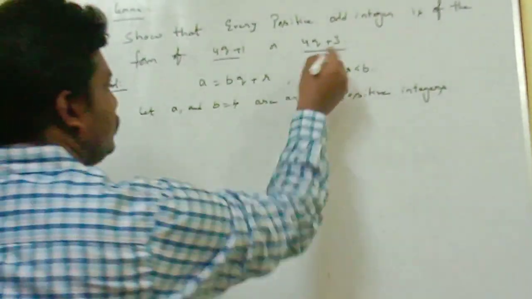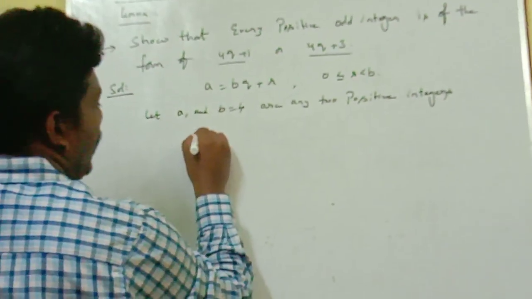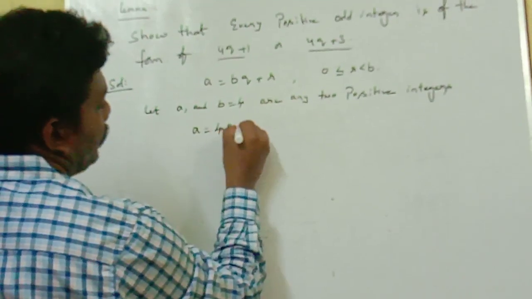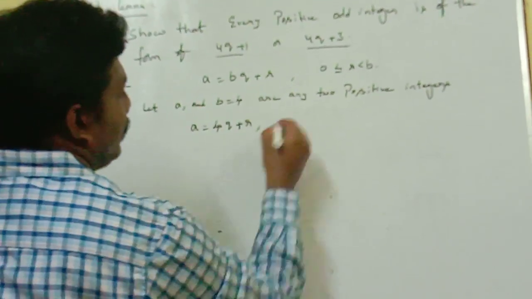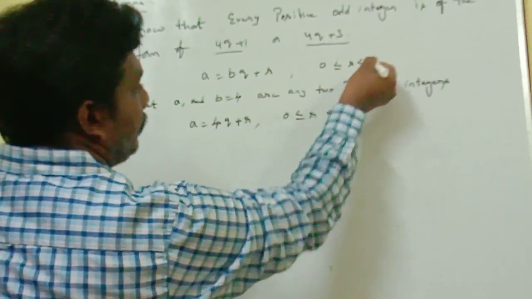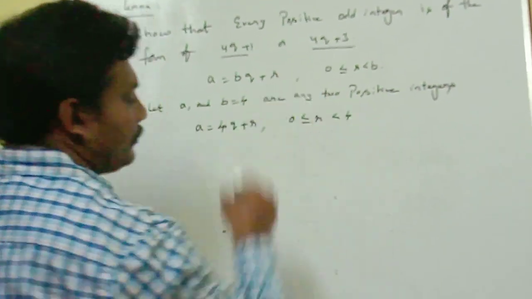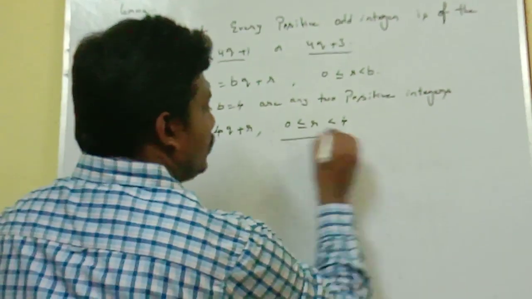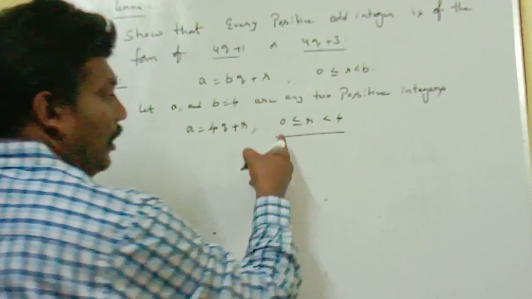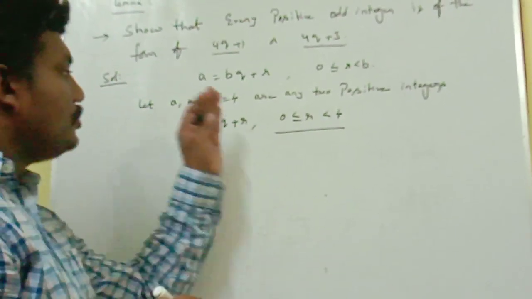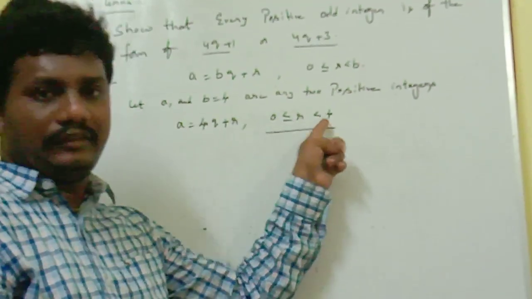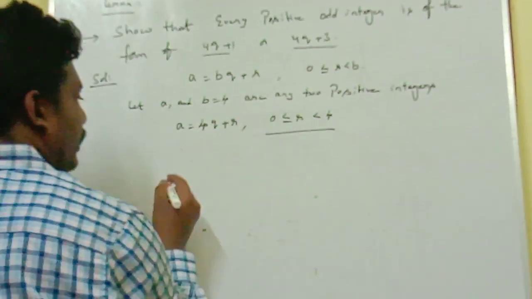According to the condition, a equals, in the place of b we write 4, 4q plus r, where 0 is less than or equal to r, and r is less than, in the place of b, 4. So what is the condition here? 0 is less than or equal to r, and r is less than 4. It means r is between 0 and 4: r can equal 0, and r is less than 4. Those are the possible conditions for r.